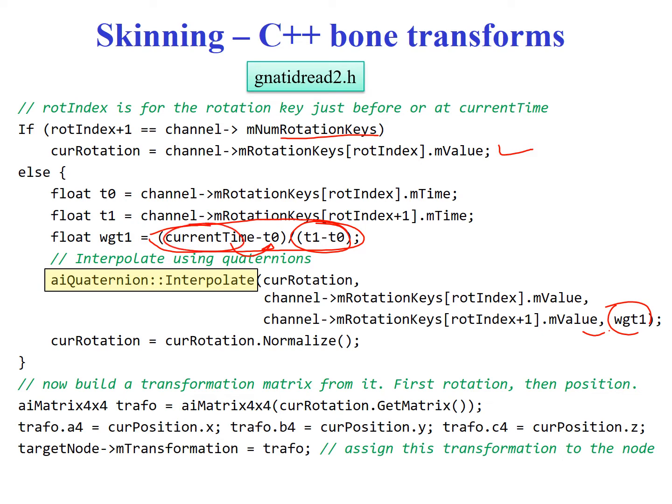And once the interpolation has been performed, the quaternion is converted back to a rotation matrix, and the translation is also updated.